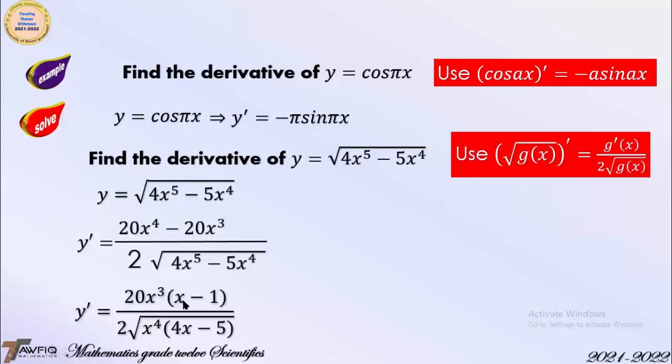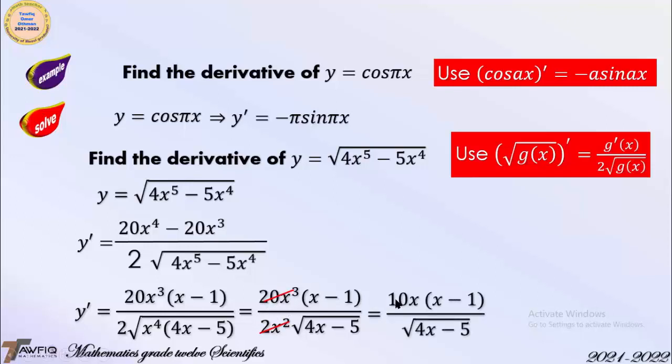Here remain x, minus here remain 1. And inside the square root, you have a common factor, which is x to the power 4. Here remain 4x minus 5. And taking out x to the power 4 outside the square root, it becomes x to the power 2 or x squared. And now cancelling 2x squared with the 20x cubed, it remains 10x times x minus 1 over square root of 4x minus 5.